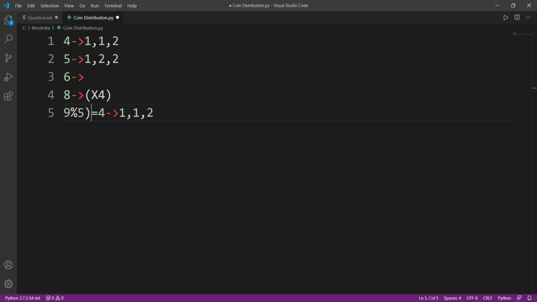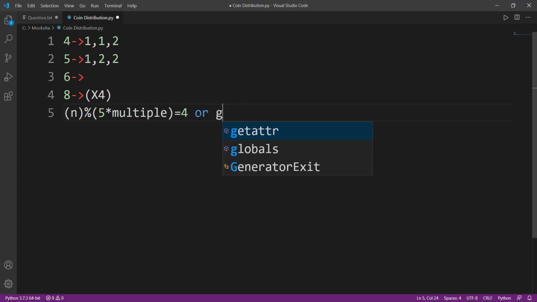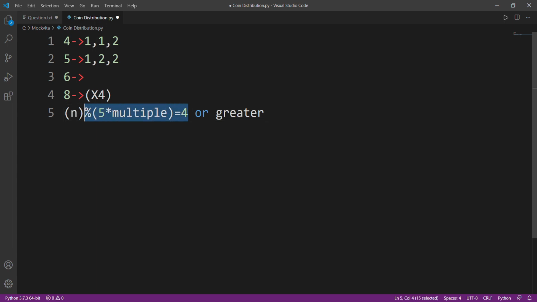And when I say 5 for a large number, I mean a multiple of 5. So this property should satisfy for any n. When I take it modulo a multiple of 5, it should give me 4 or greater. Okay, so this is a condition which will determine how many 5s I can use freely.